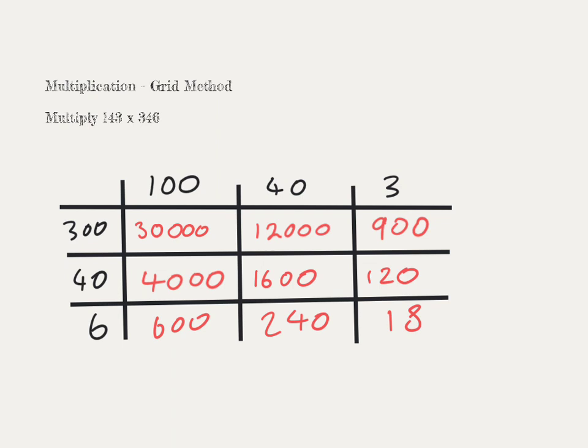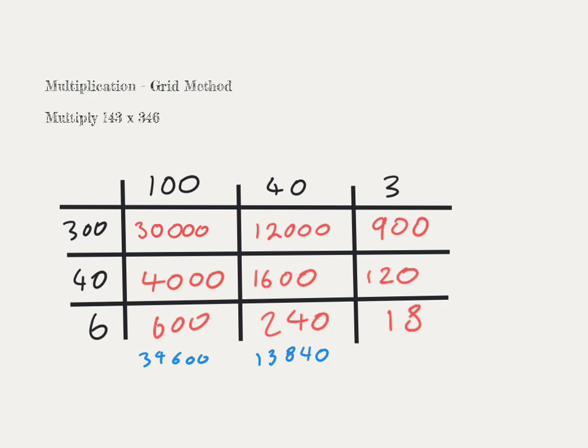So I can do it all in one. I don't have to do it all in one, but I could. Let's try going down. Because then I have 30,000, add 4,000 is 34,000, add 600 is 34,600. 12,000, add 1,600, well 12,000 add 1,000 is 13,000, add 600 is 13,600, add 200 is 13,800, add 40 is 13,840.